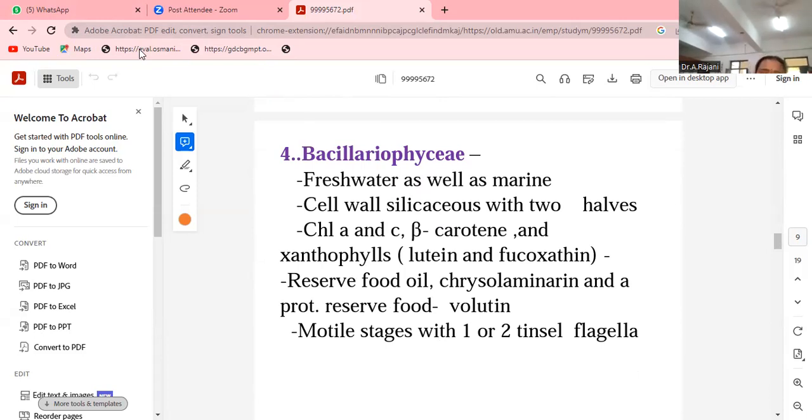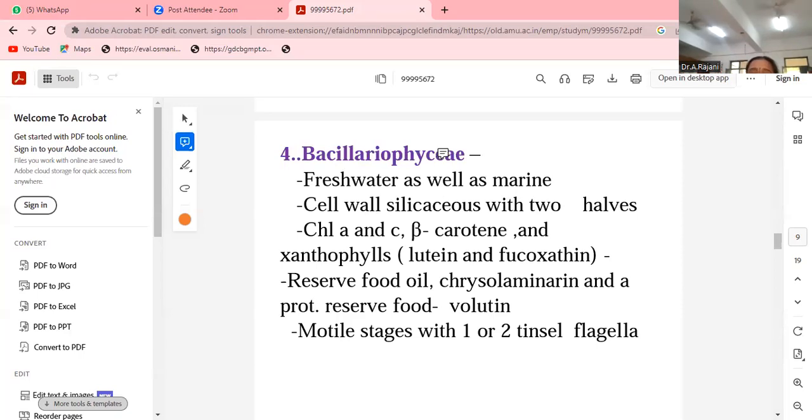Sometimes a question may be asked directly about this. Bacillariophyceae, another very important name is diatoms. They occur in freshwater, sea, soil, and terrestrial habitats. Sea coasts and ocean coasts are there, and in soil also you can observe these Bacillariophyceae or diatoms. Terrestrial habitat is also present.